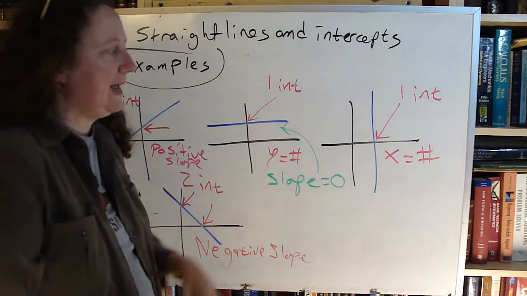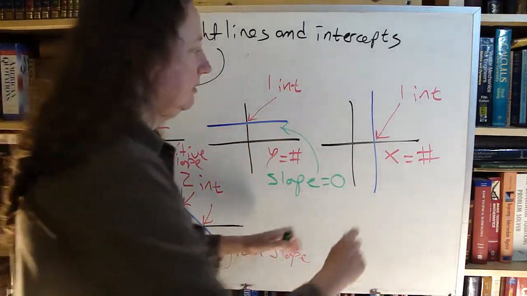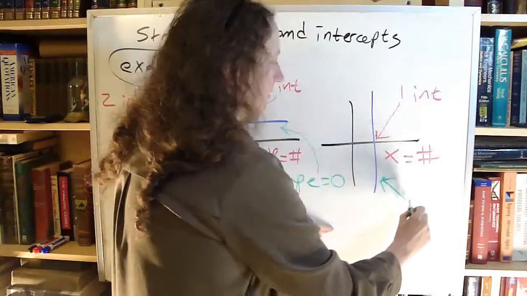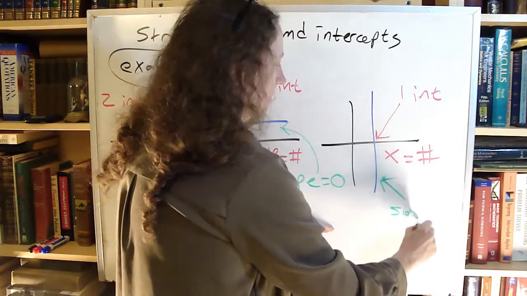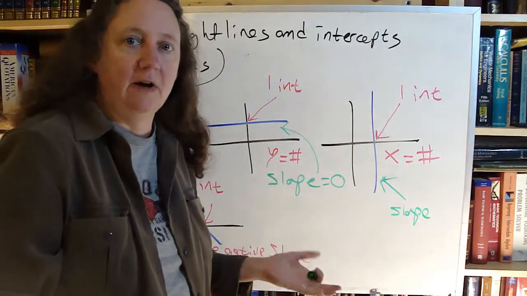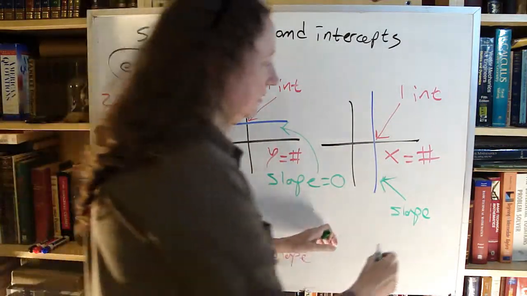Over here with my x equals a number, my slope is undefined. It does not exist.